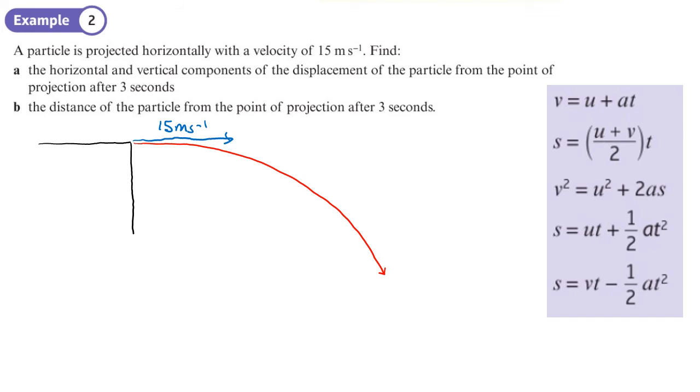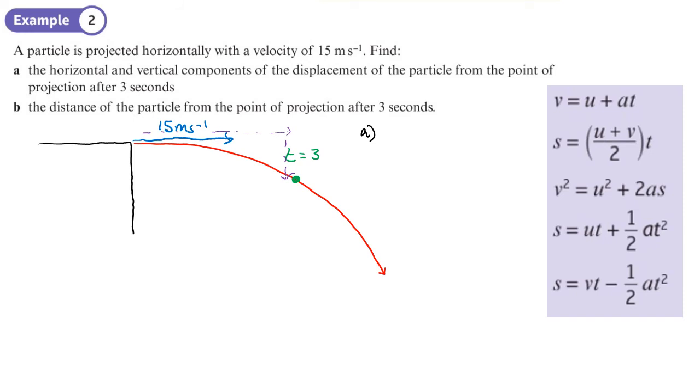We're trying to find out, after 3 seconds, let's put t equals 3, it's at some point here, and we want to know the horizontal and the vertical components. In other words, how far across from here has it gone, and how far down has it gone after 3 seconds? Right, so we're going to have to work out the displacement horizontally and vertically.